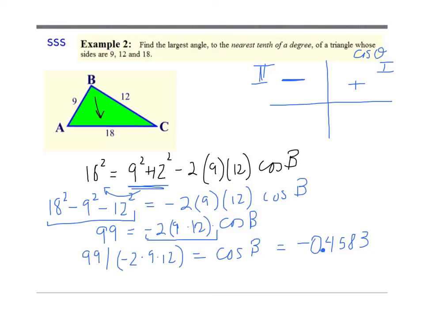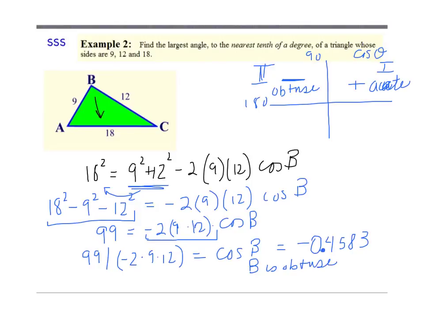All the angles in the first quadrant are acute, and all the angles in the second quadrant are between 90 and 180, so they are obtuse. So if my ratio is negative, that means that angle B is obtuse. It's bigger than 90, less than 180.